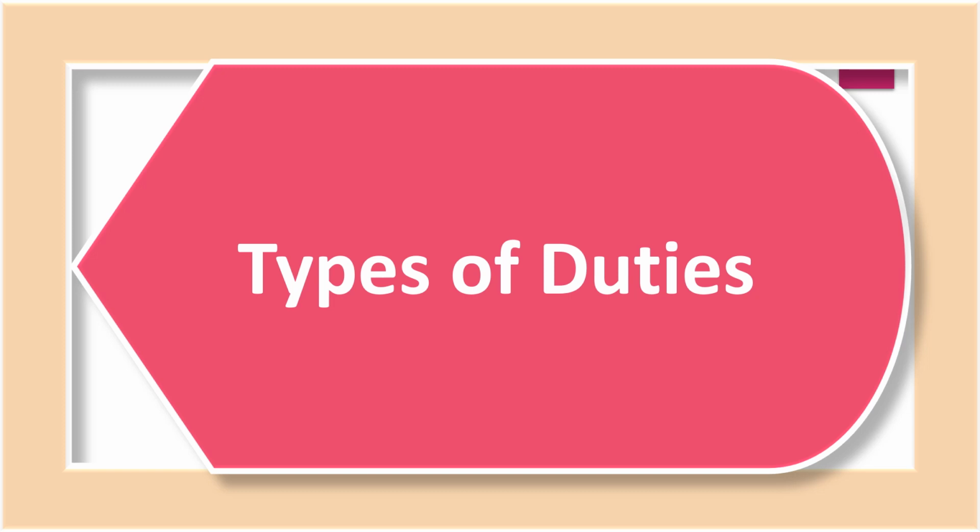For example, with regard to personal security, everyone has the duty not to endanger a person's security, to protect people against deprivation of their security by other people, and to provide for the security of those unable to provide for their own.